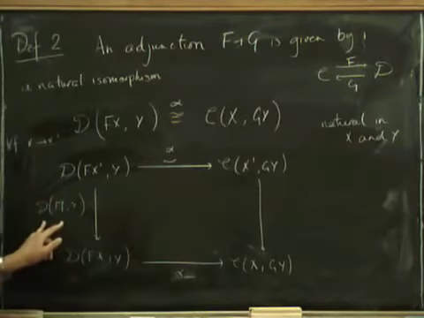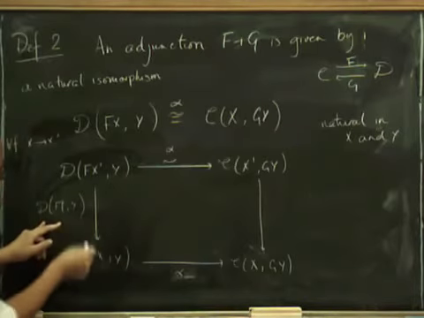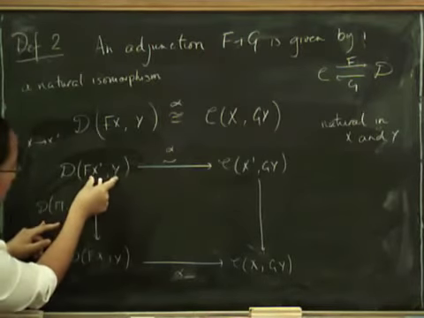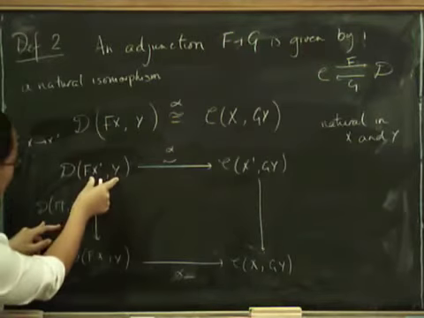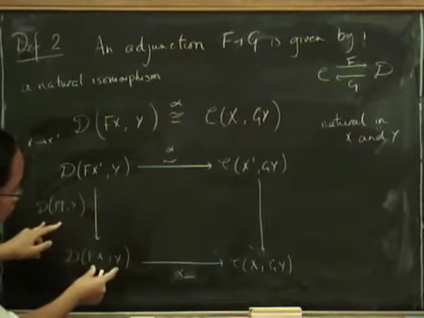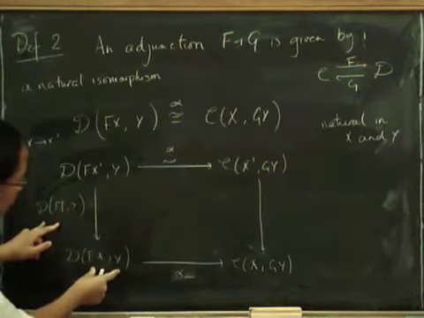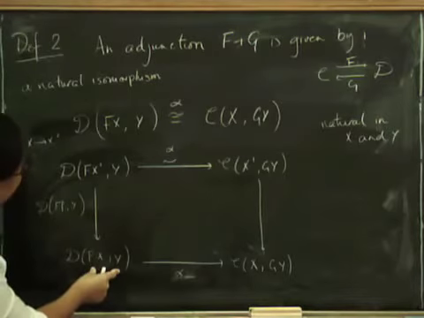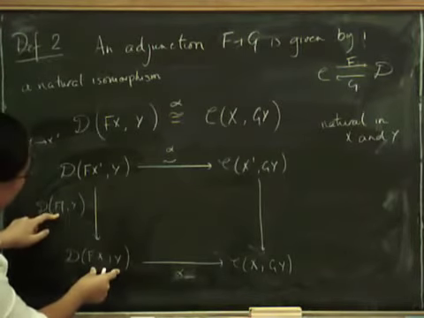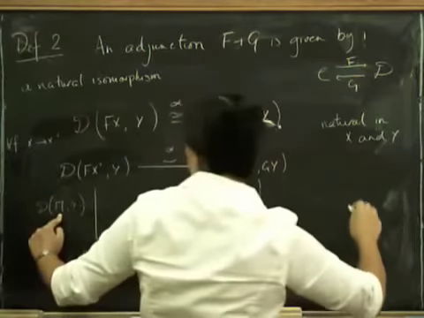So what's this actually saying? Coming down here, it's saying take a morphism from f of x prime to y and somehow produce a morphism from f of x to y using f. And so what you have to do is compose with f of f. So let's just have a little crib sheet over here.